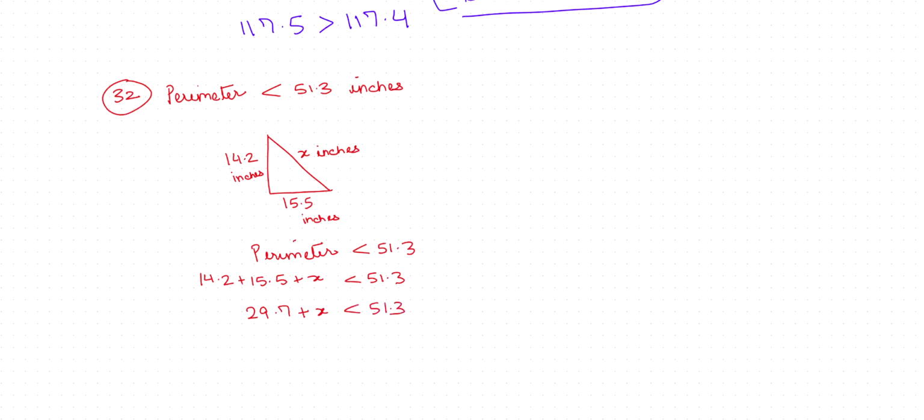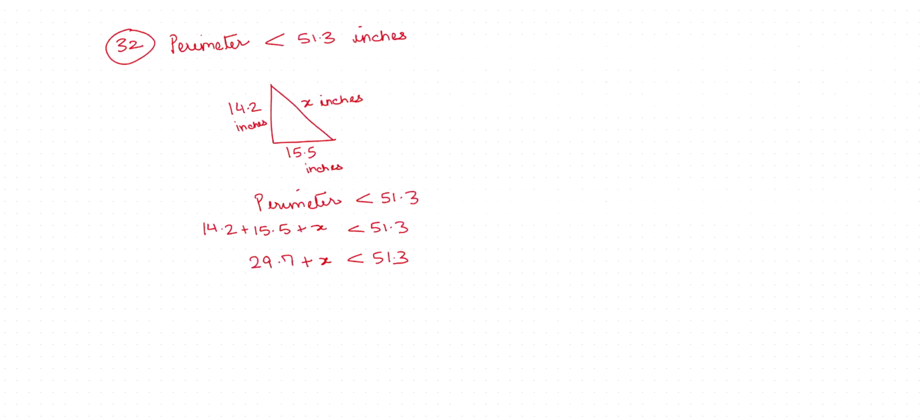First we added and simplified the left hand side. Now we want only x on the left side. To remove 29.7 from both sides, we will subtract 29.7 from both sides. This gives us 0 plus x is less than 21.6.